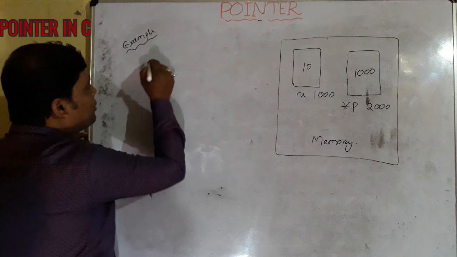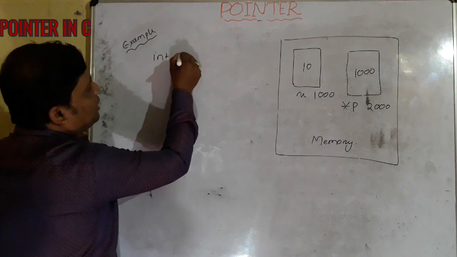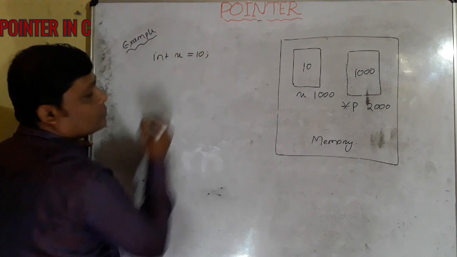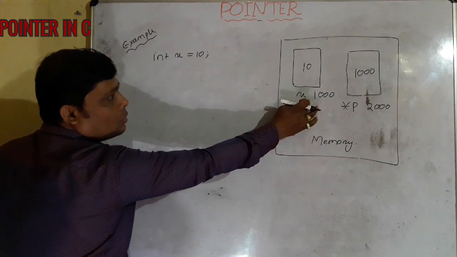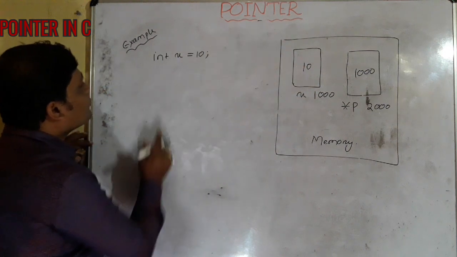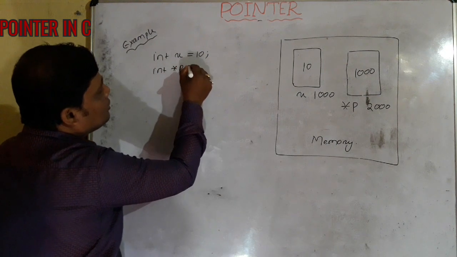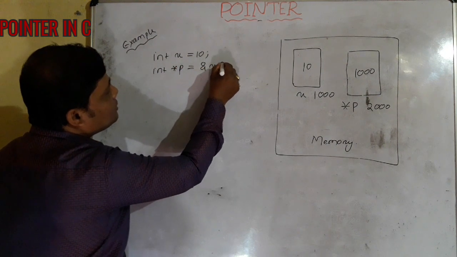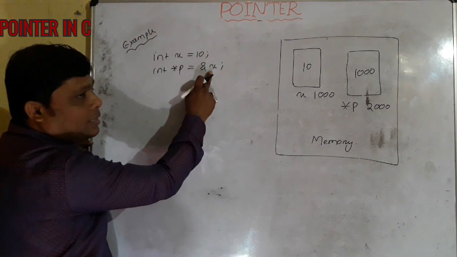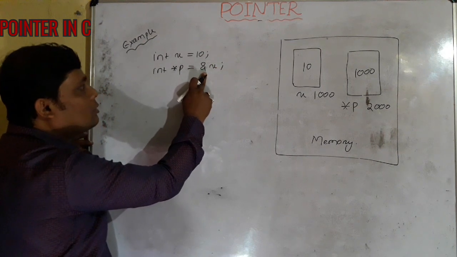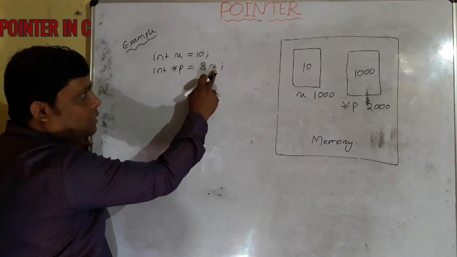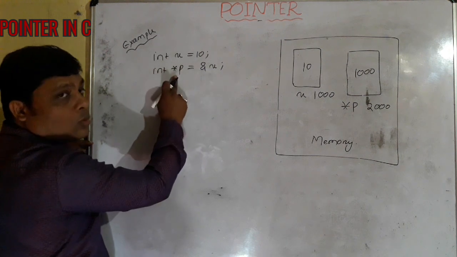For this I will write what? int x = 10. Clear? So 10 will be stored in x, and int *p = &x. We are storing the address of x. Ampersand means monadic operator, means it will give the address. So address of x will be stored in p.